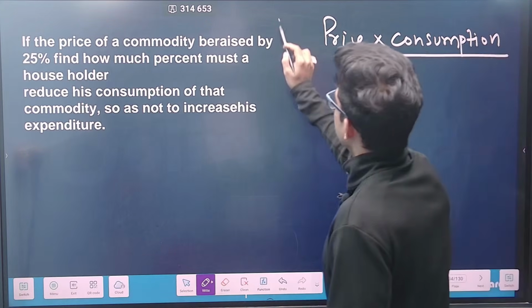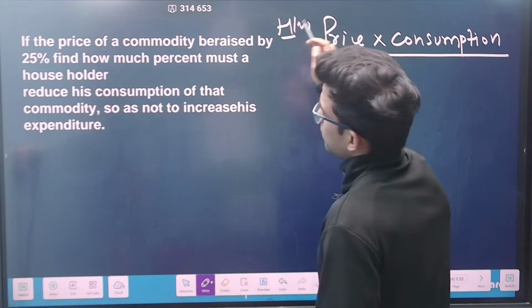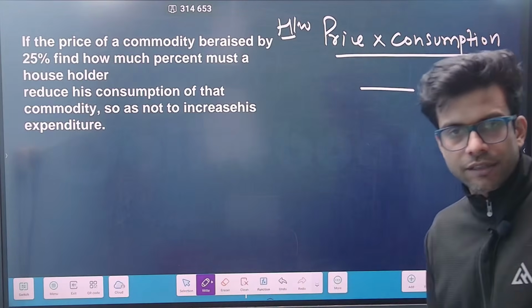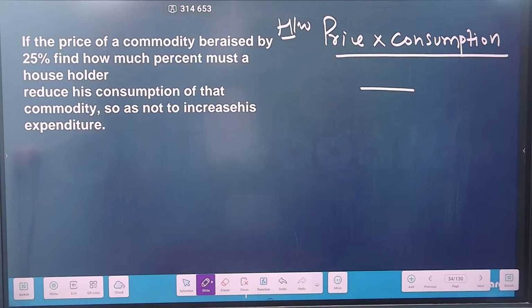This was the homework which I have given. The price of the commodity is raised by 25%. How much percent must a householder reduce his consumption of the commodity so as not to increase his expenditure?